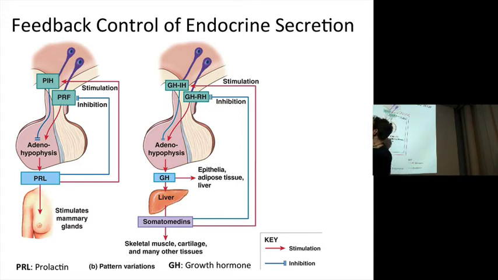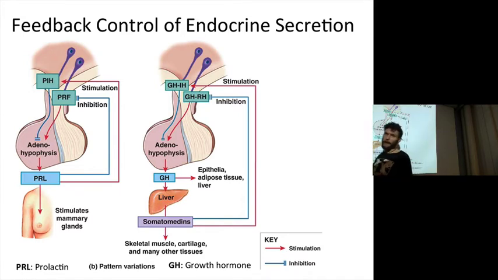It also stimulates the production of prolactin inhibitory hormone, which affects the production of the releasing hormone, not directly itself. So we don't have that in situ problem that I was talking about with the other system. But it has to go all the way through the systemic circulation to get back up here to both stimulate the production of the inhibitory hormone and inhibit the production of the releasing factor.